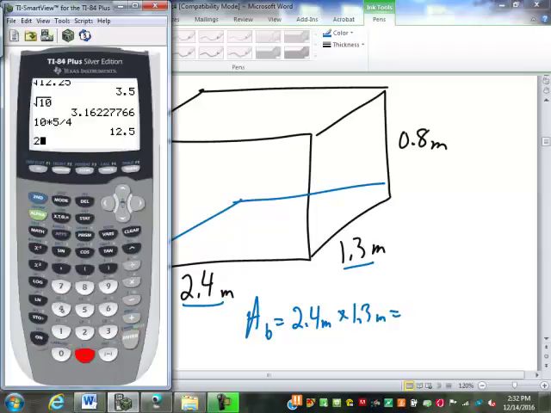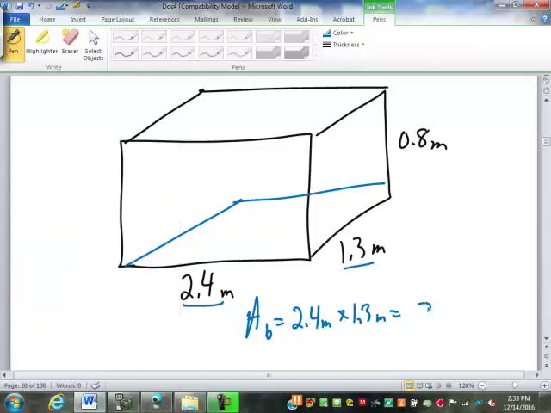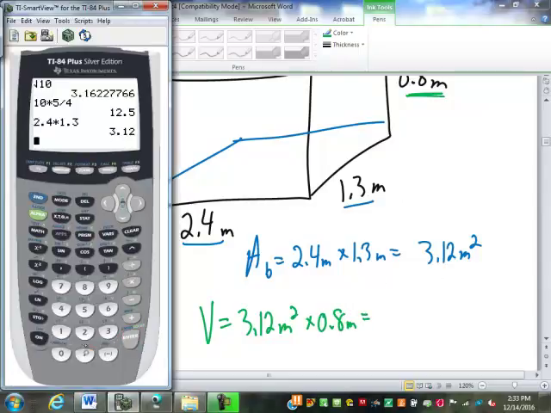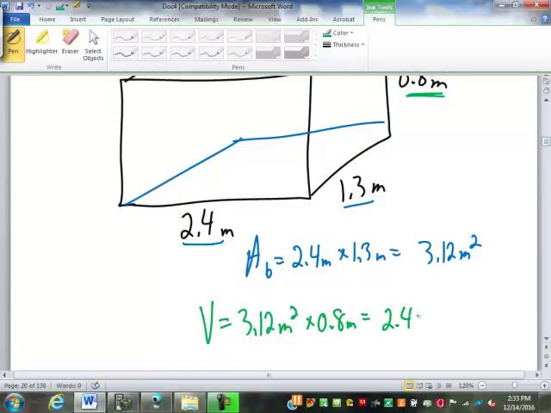I'm tired today, so we're going to punch that one in the calculator. 3.12 meters squared. So for our volume, it's that area of the base, 3.12 meters squared, times our height of 0.8 meters. So it's going to give us 2.496 meters cubed. That is our volume in meters cubed.